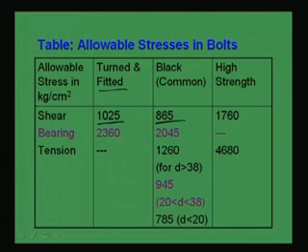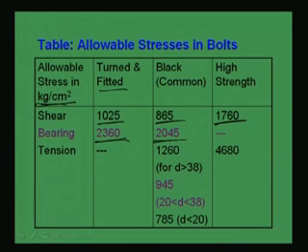This is in kg per centimeter square, and for high strength bolt the shear stress will be 1760 kg per centimeter square. Similarly, for bearing stress, the turned and fitted bolt will have 2360 kg per centimeter square, and for black common type bolts the bearing stress will be 2045 kg per centimeter square.